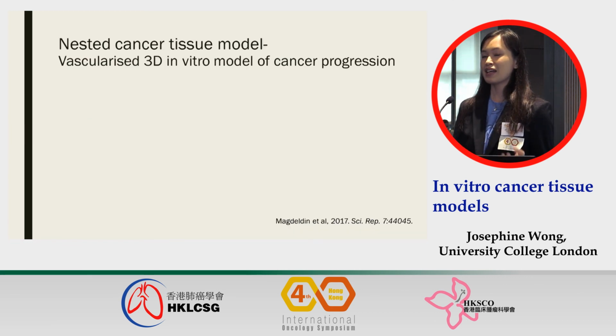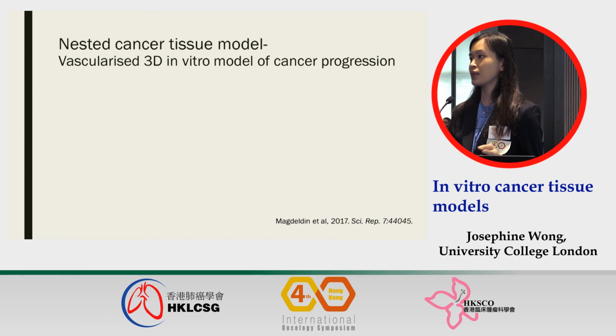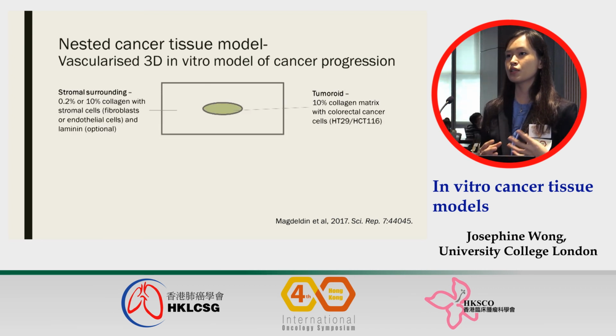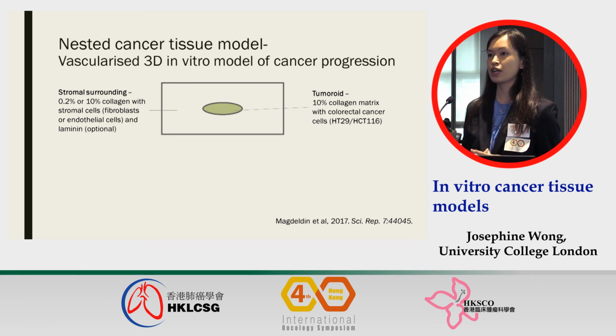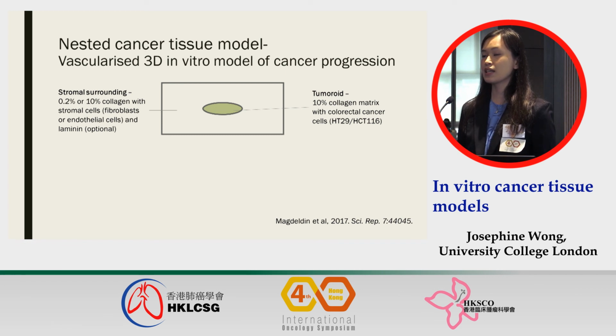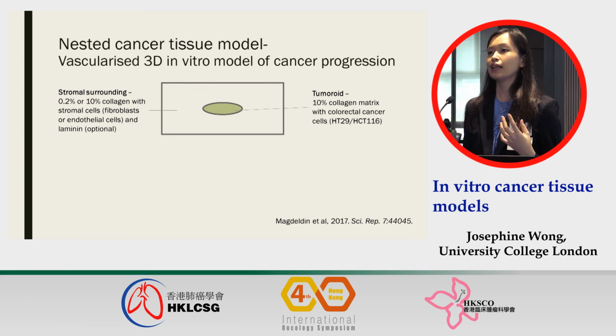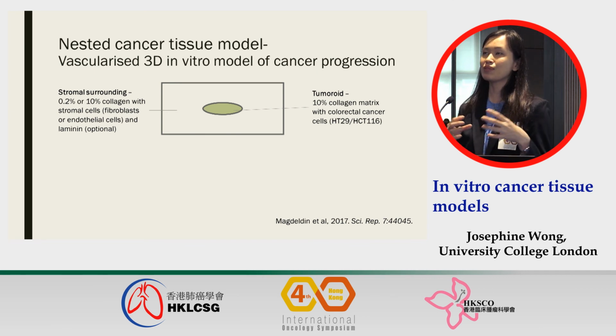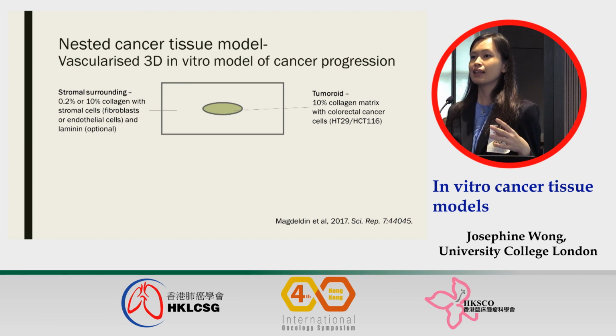So in terms of how this might be used in the cancer tissue models, this is work that has been done by my colleague at UCL. Basically, it is a two-component hydrogel matrix. The first component is a tumoroid seeded with colorectal cancer cells. There are two cell types tested, the HT29 and the HCT116 cell lines. The tumoroid is then nested into a wider matrix that will act as the stroma surrounding.